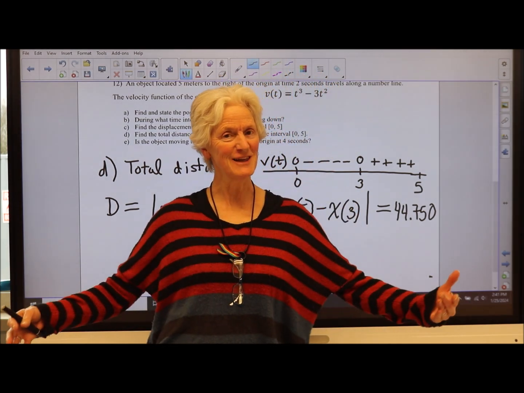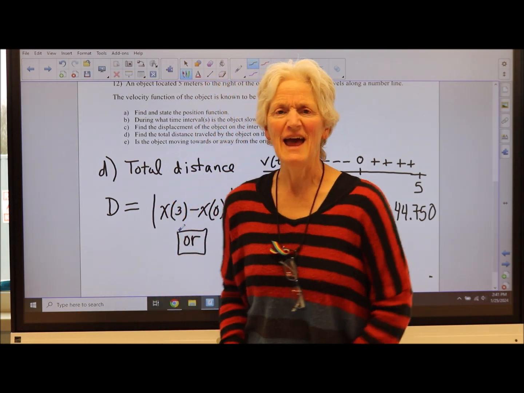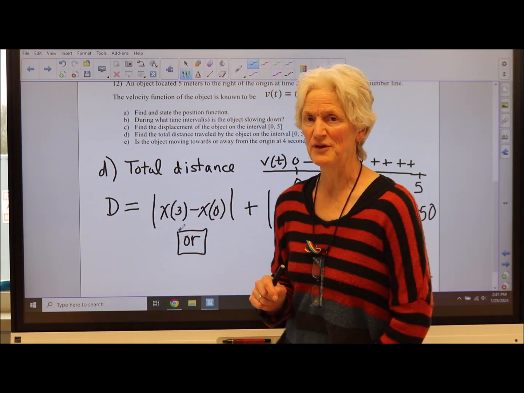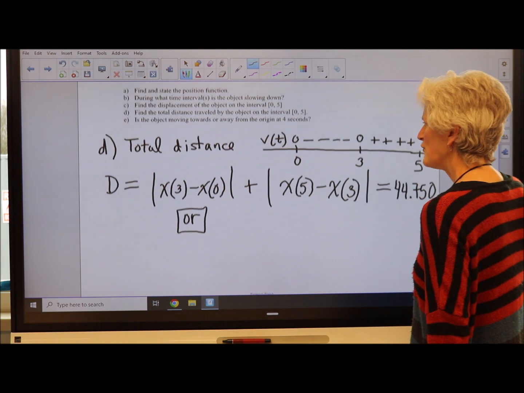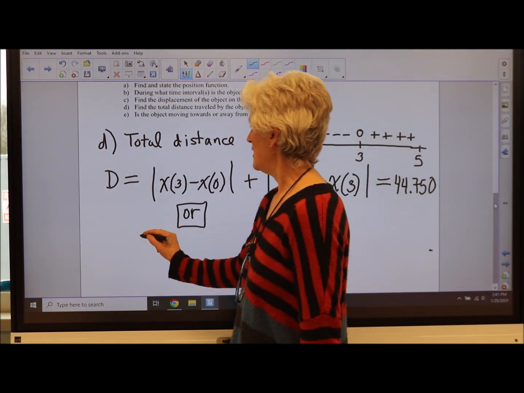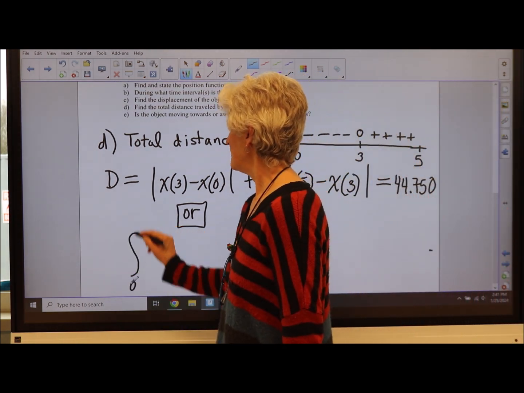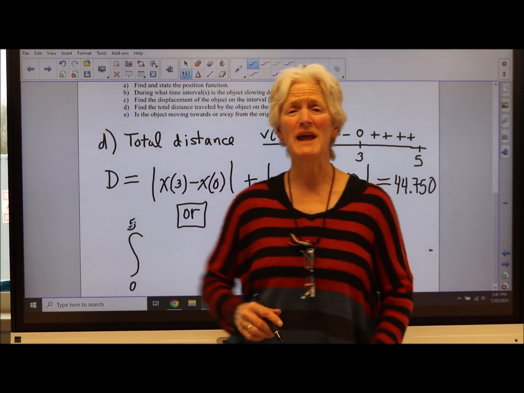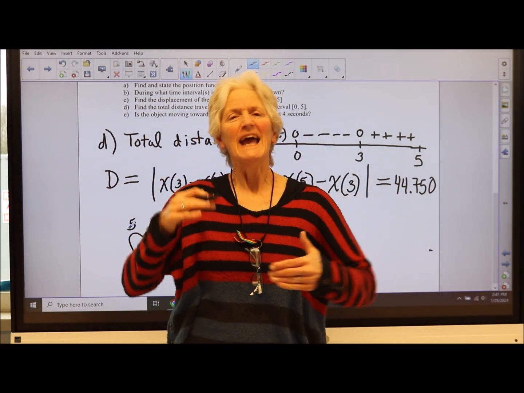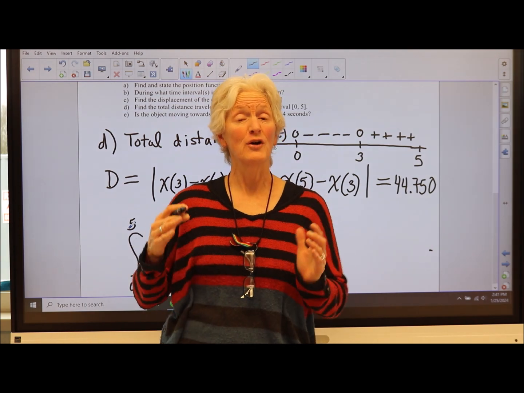if you have a calculator handy, we can do something super cool with absolute value. We know, of course, that the definite integral from 0 to 5 is going to give me this signed area between the curve and the x-axis.